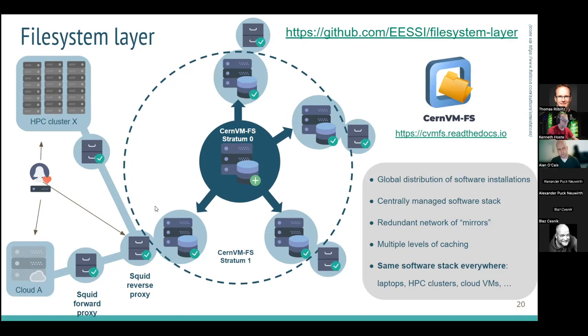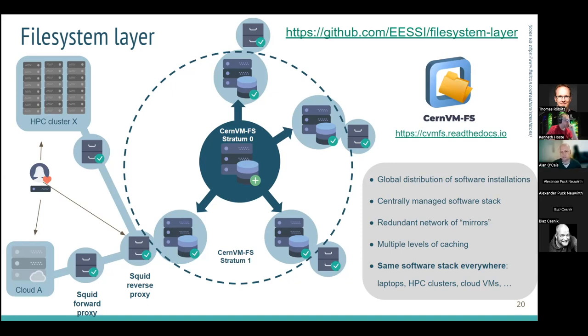And what stratum 1 you actually use is part of the EC configuration repository, or you can configure that yourself. So if you have a private stratum 1 server that you use, you can configure your cluster to automatically talk only to that private stratum 1 server, or still use other stratum 1s as a backup in case something happens with your private stratum 1.